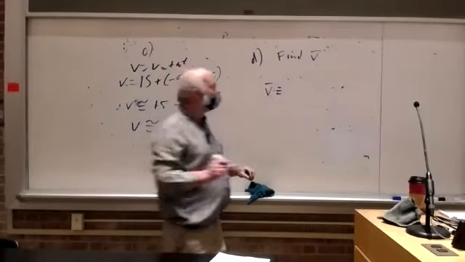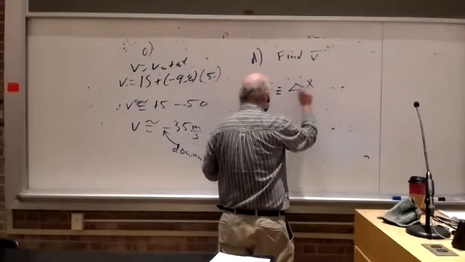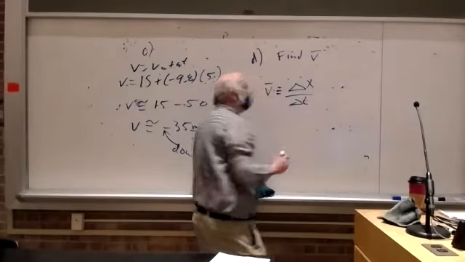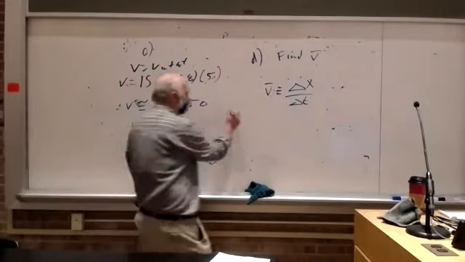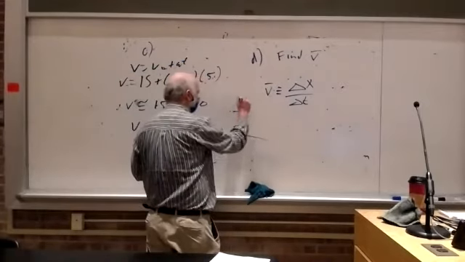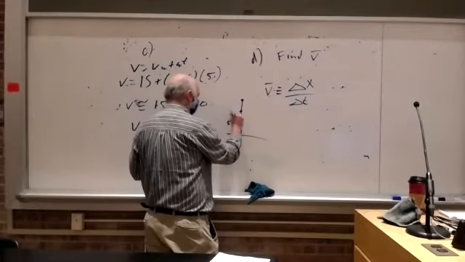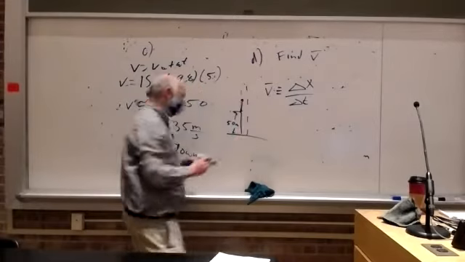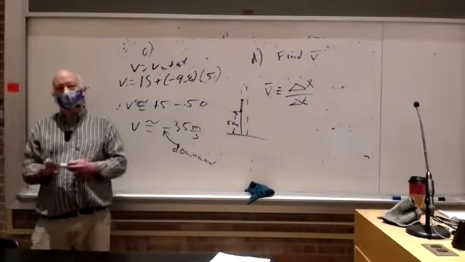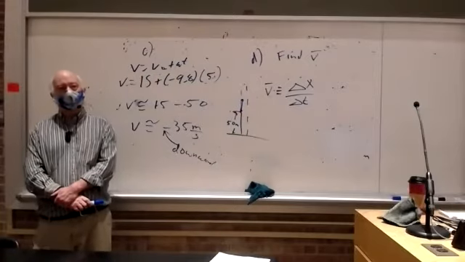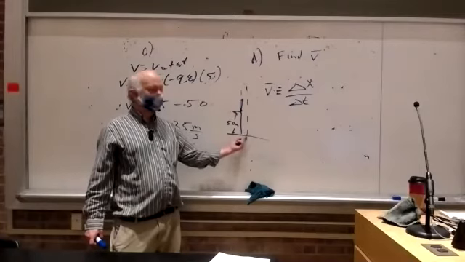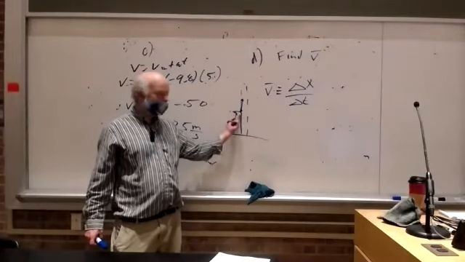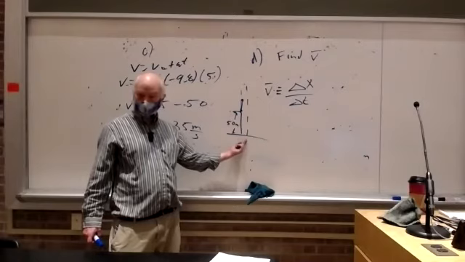Change in position, delta x, over change in time. Okay, what is a change in position? Did it go from here to there? This is the initial position, and here's the final position.